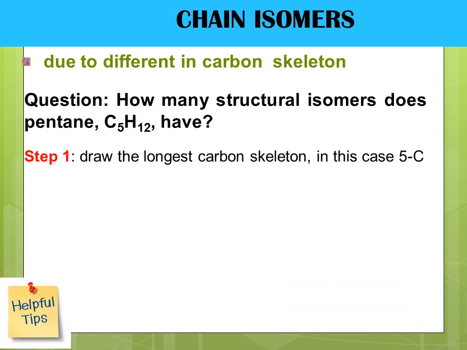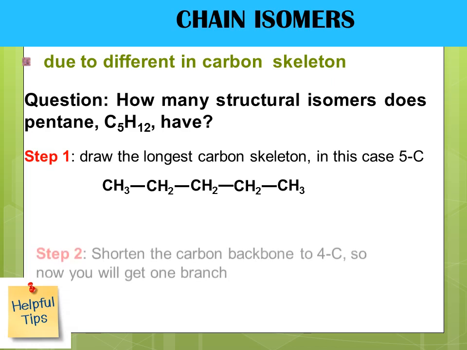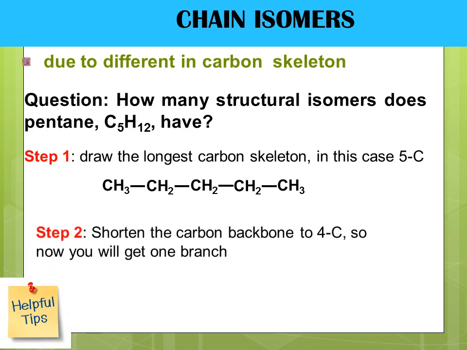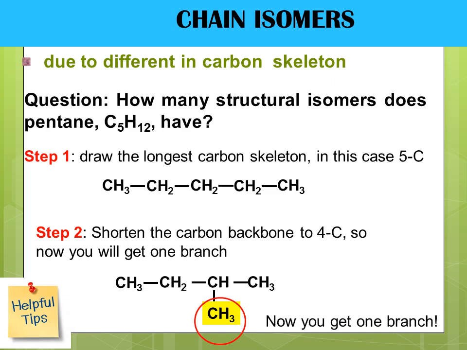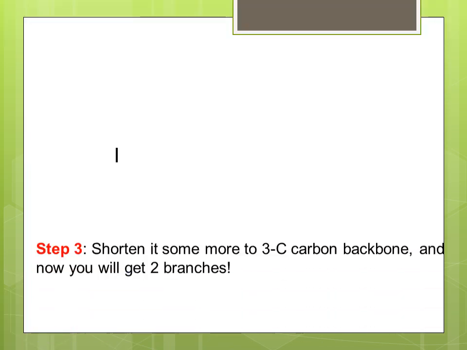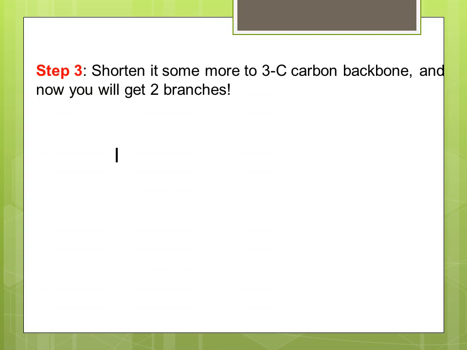First, longest carbon skeleton, 5C. Second, 4C carbon backbone, so you will get one branch. Third, 3C carbon backbone, you will get two branches.